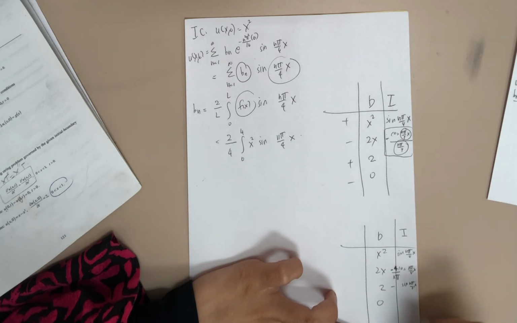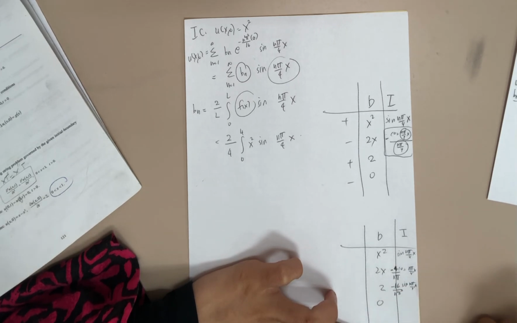So I will have negative 16 over n²π². The last one is cos(nπx/4), and again over nπ/4, so I bring it up and it will be positive. Times 4, that gives 64 over n³π³.